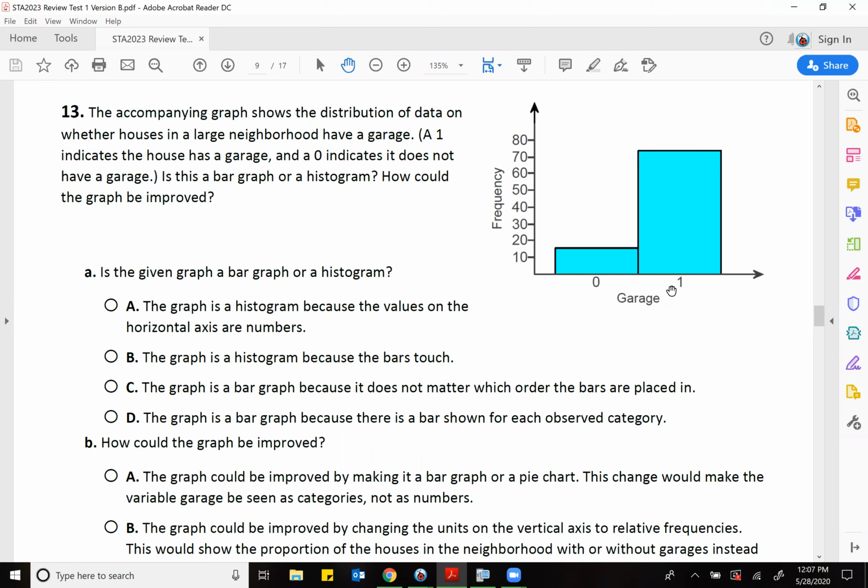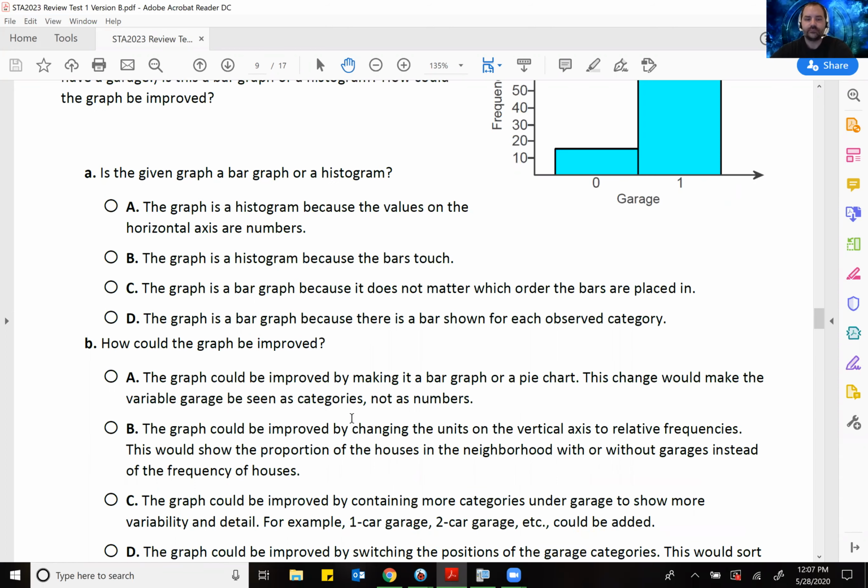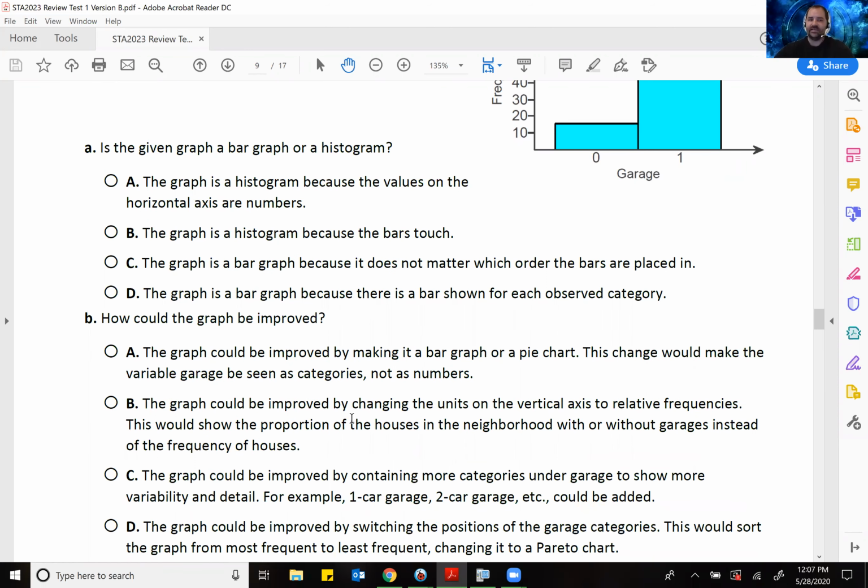Remember, this is coding. 1 represents you have a garage. 0 represents you don't have a garage. So that would be the same as if I said no garage, garage here. So it actually is D.